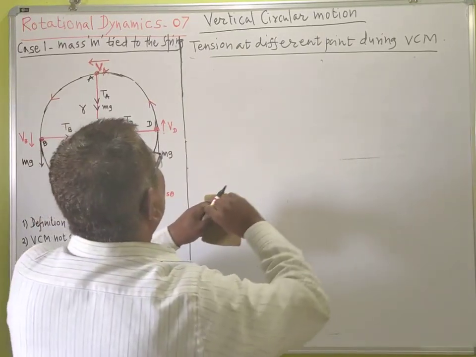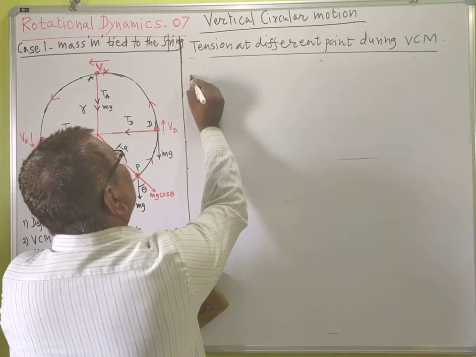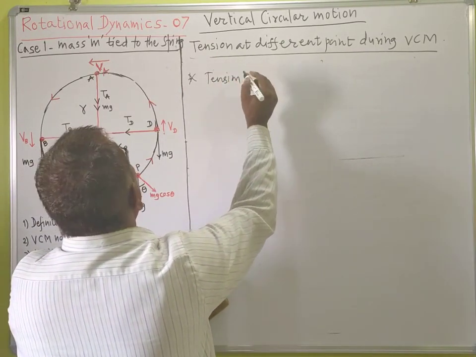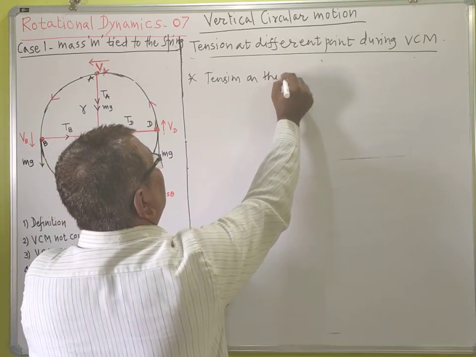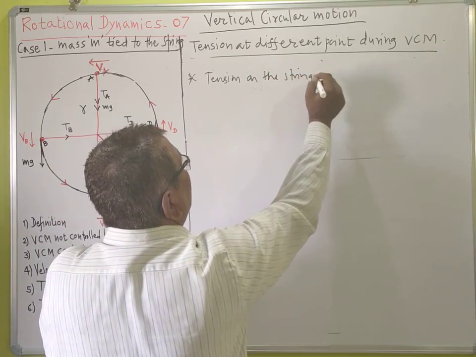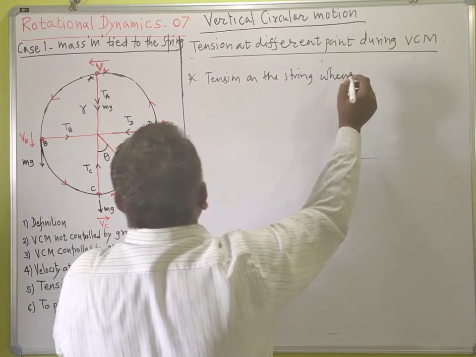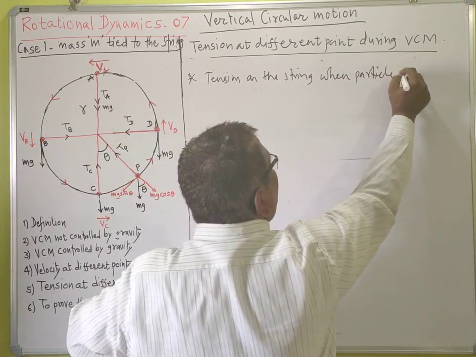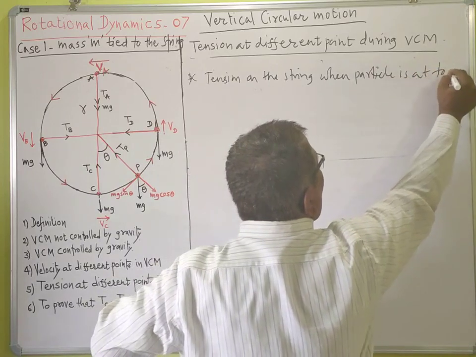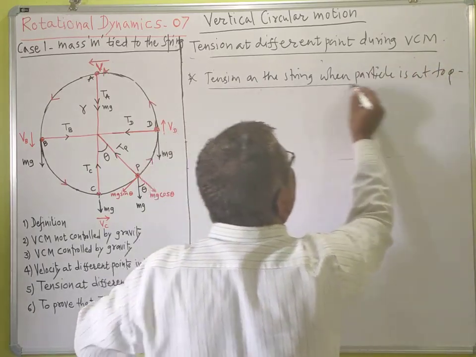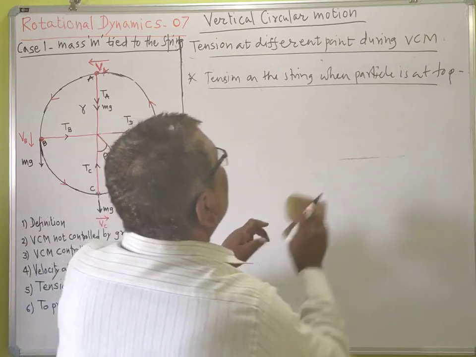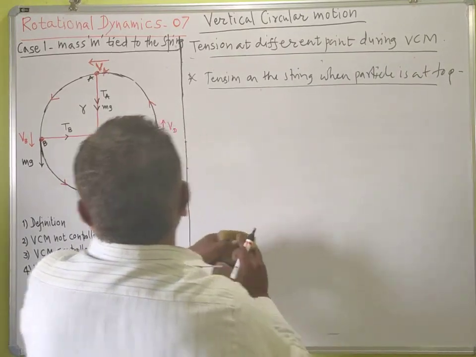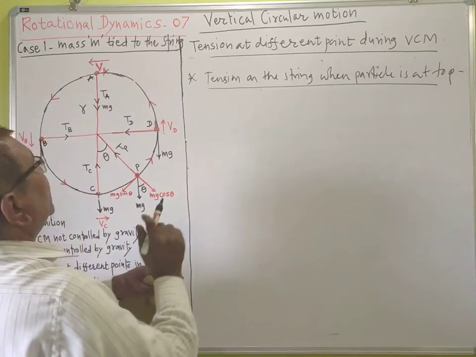We have to calculate what? The next article, tension on the string when the particle is at top. When the particle is at top. Okay. So what do we get?